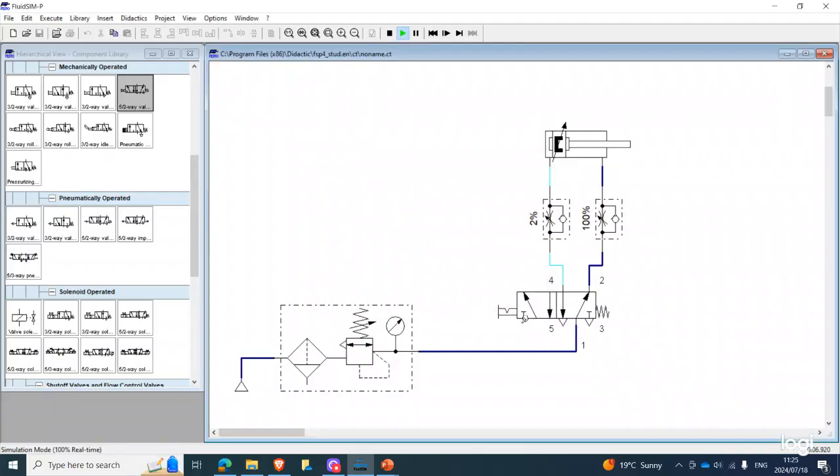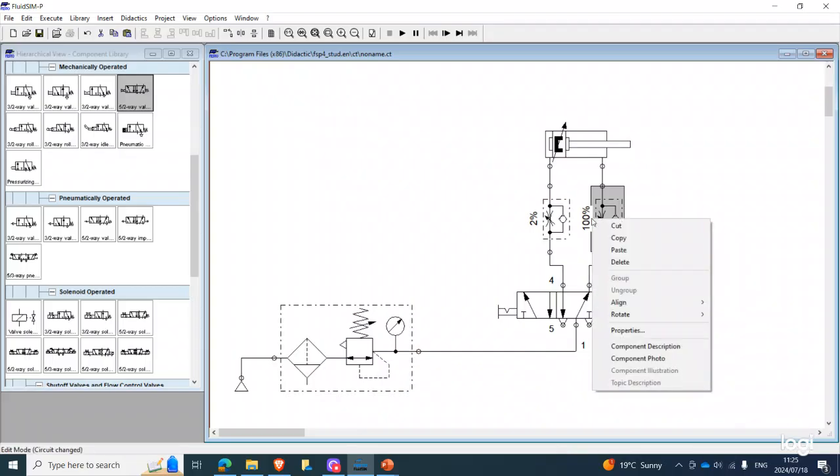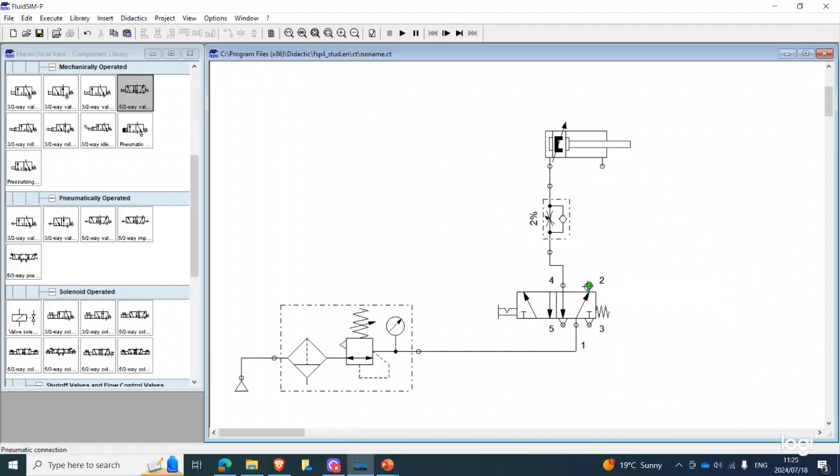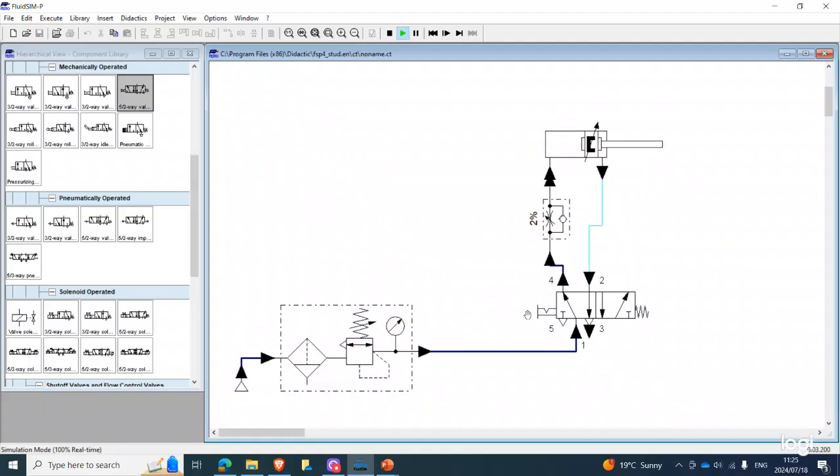And then now you can see the cylinder advances slowly, but it returns quickly. Advance slow, returns quick. We can either do this, this is the first answer to this question, right? Or we can remove the one-way flow valve on this side and just connect it directly to the exhaust side, because you don't need to regulate speed when it's exhausting, right? Still the same output. So there's one of two ways in which you can answer this question, right?